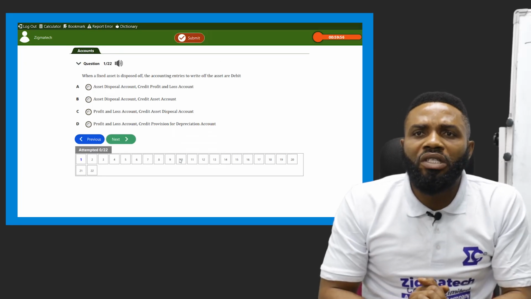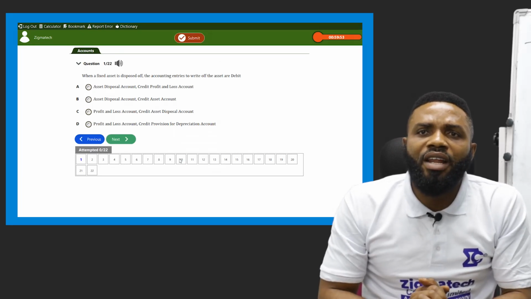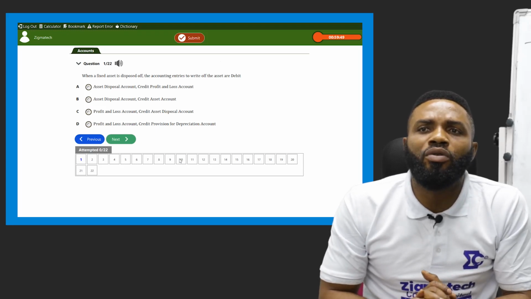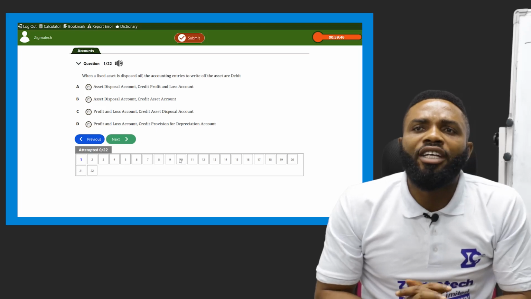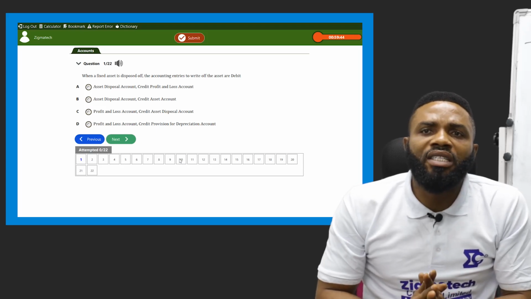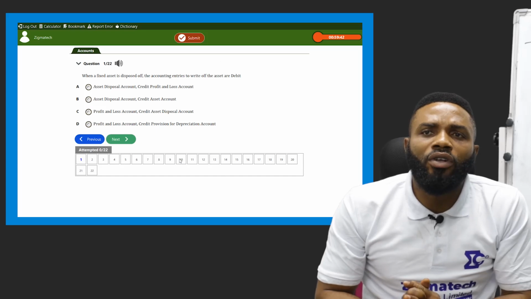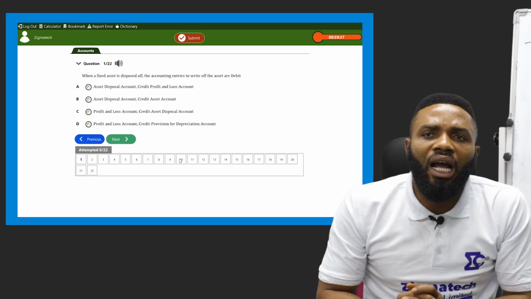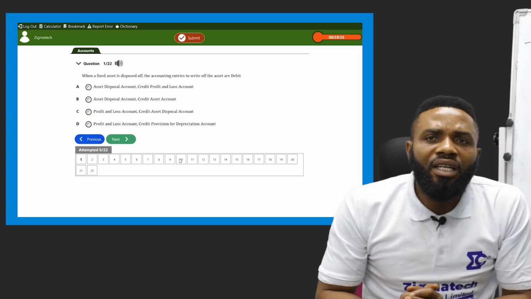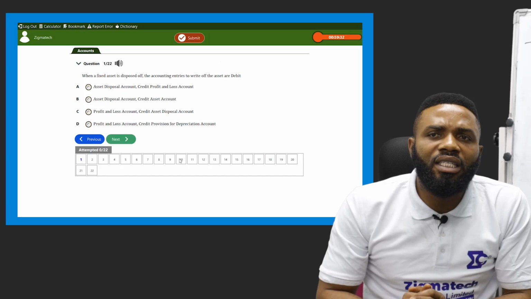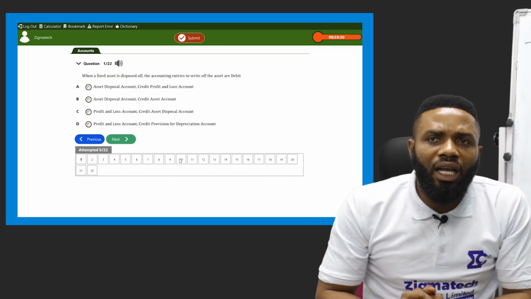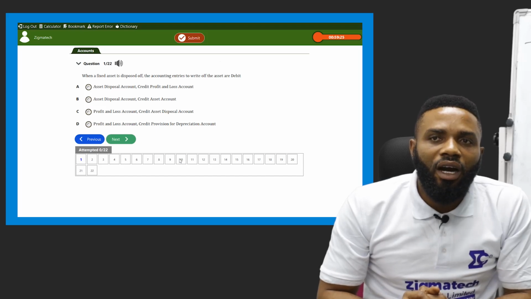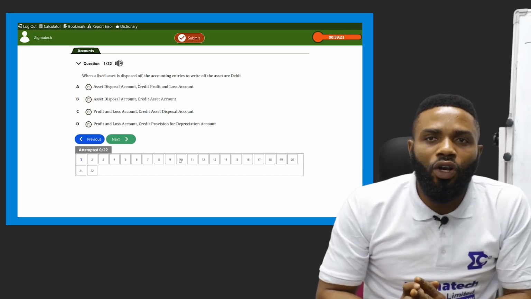Now, look at this. This has to do with disposal of assets. They say when a fixed asset is disposed of, the accounting entries to write off the asset are what? Debit disposal account and credit profit or loss account; debit asset disposal account and credit assets account; debit profit or loss account and credit asset disposal account; and debit profit or loss account and credit provision for depreciation account.